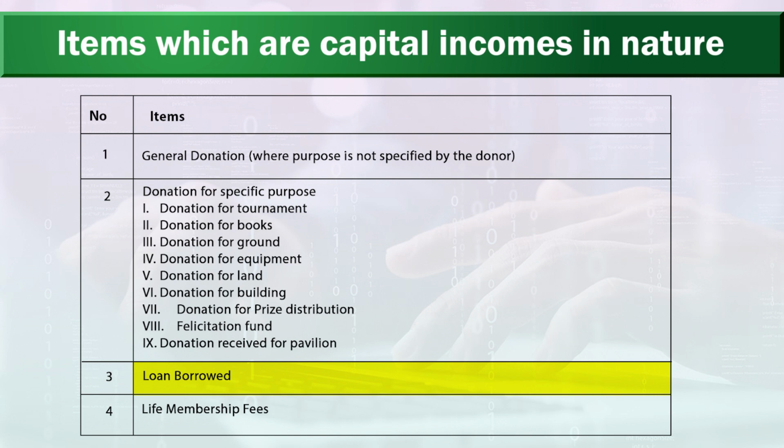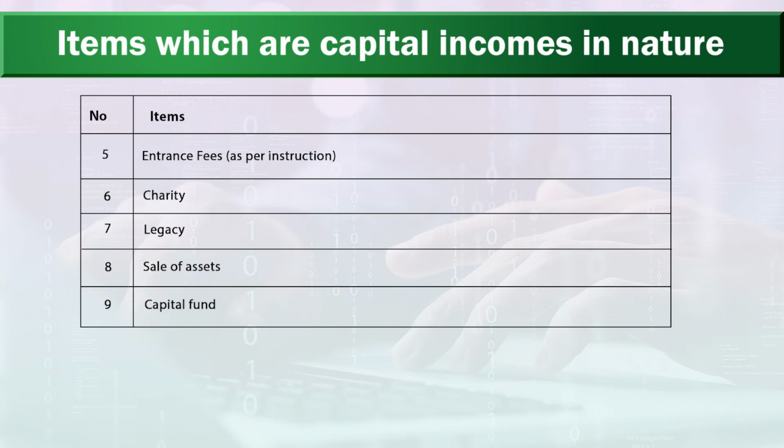Loan borrowed. 4. Life membership fees. 5. Entrance fees, where instructions have to be followed as specified. 6. Charity. 7. Legacy. 8. Sale of assets. 9. Capital fund.